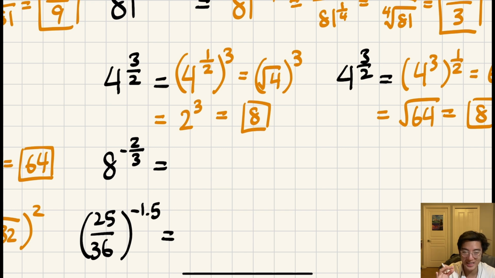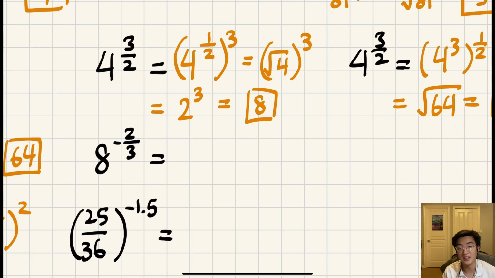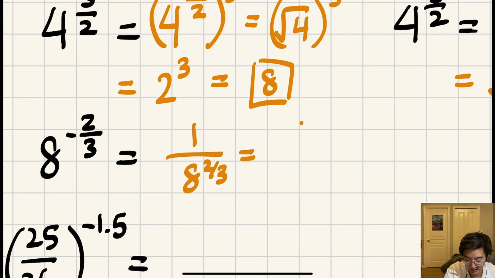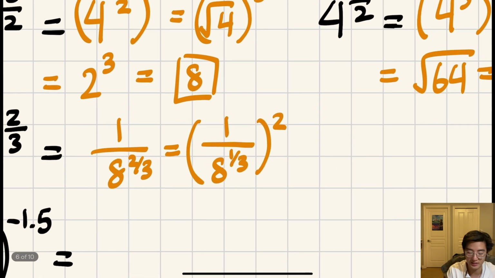How about a negative exponent with a fraction? So, 8 to the power of negative 2 over 3. Alright, so what we can do here is get rid of the negative sign first in the exponent. So we do that by flipping the thing over, which becomes 1 over 8 to the power 2 over 3, which then becomes 1 over 8 to the power of a third, squared. Right?